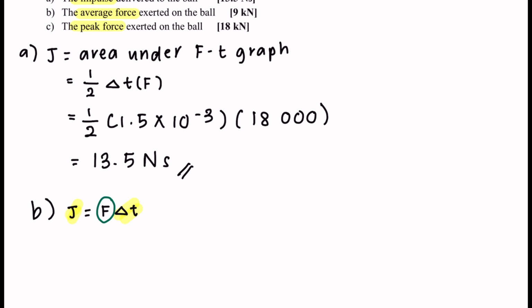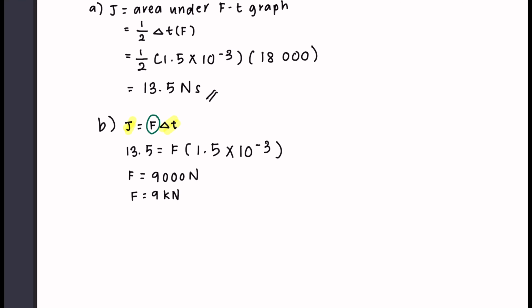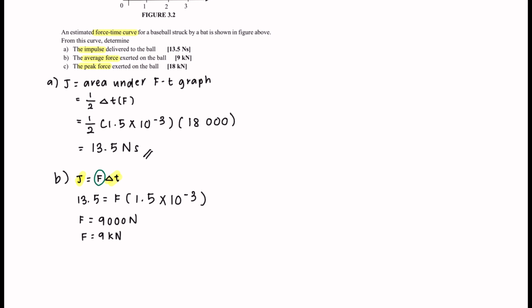So it's 9,000 Newton, my bad. And then for force, the SI unit is kilonewton, so you divide by 1000 and it becomes 9 kilonewton. Okay, settled with B.